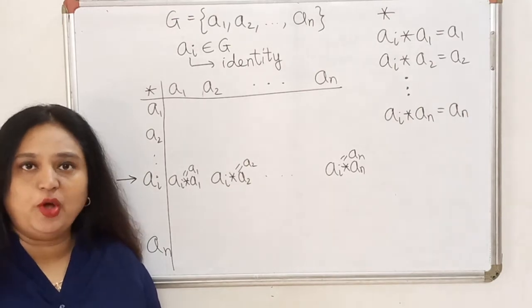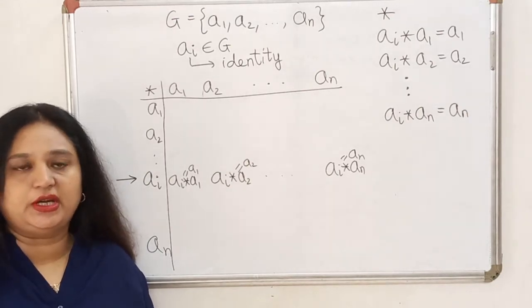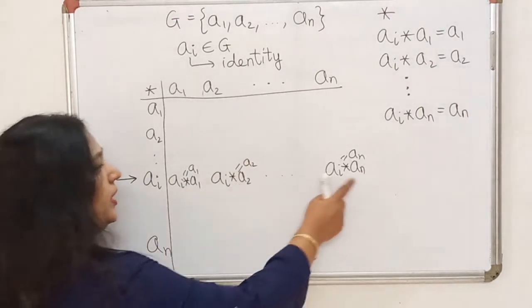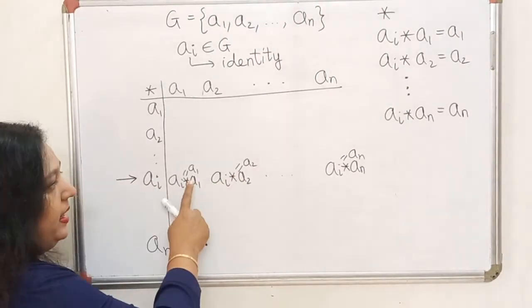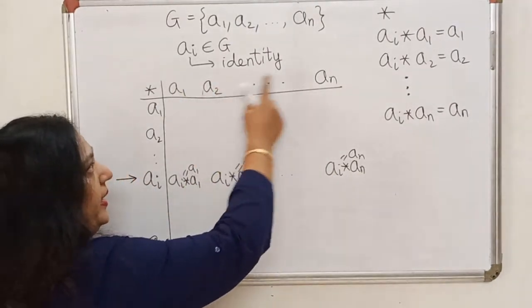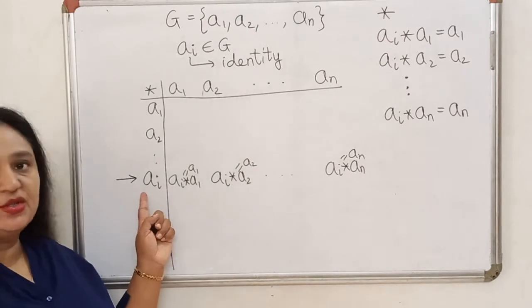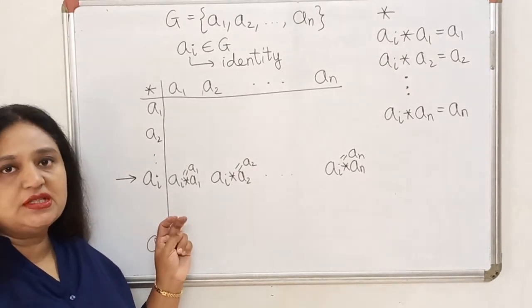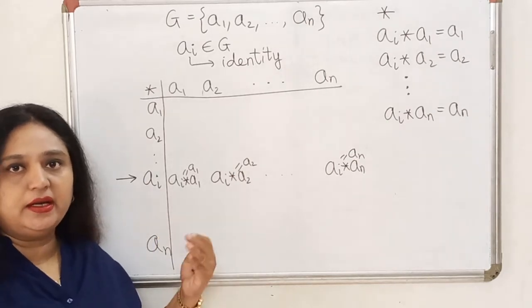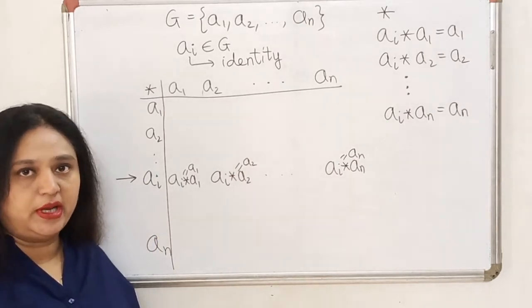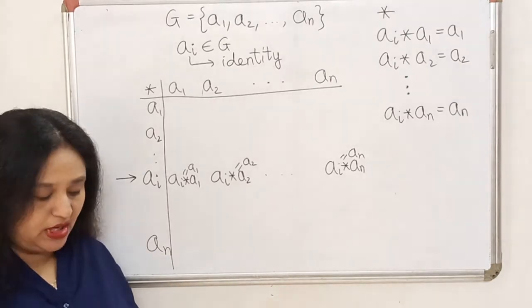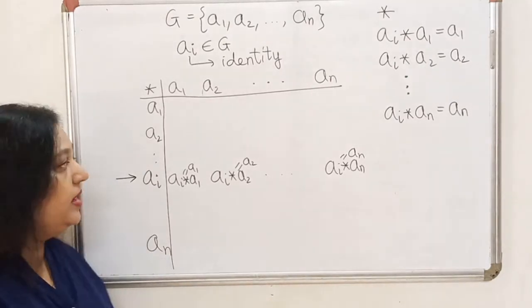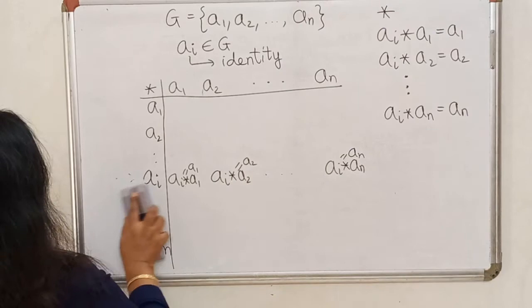So if it so happens that in the composition table, the row corresponding to the element Ai is the same as the heading row, then this element is going to be our identity element. So this is how you can spot the identity from the composition table. Let us now see how to find out the inverse of any element.